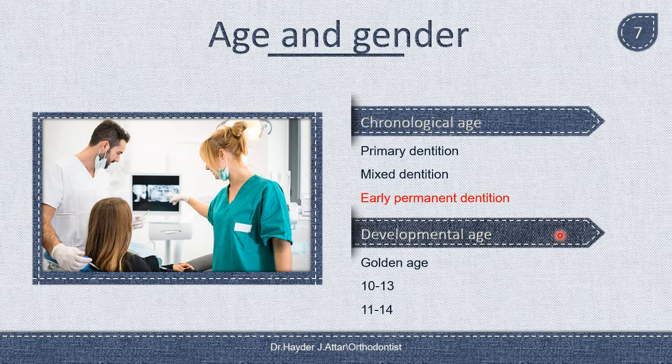Some patients have, for example, a chronological age of 10 years, but their developmental and skeletal age is beyond or under 10 years old, and there is no clear relationship between the chronological age and the developmental or skeletal age of the patient.